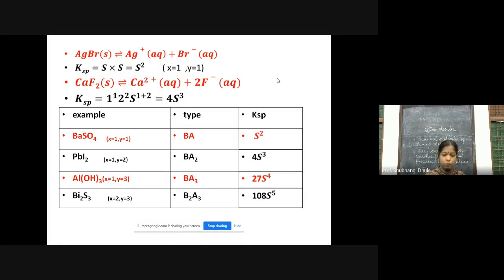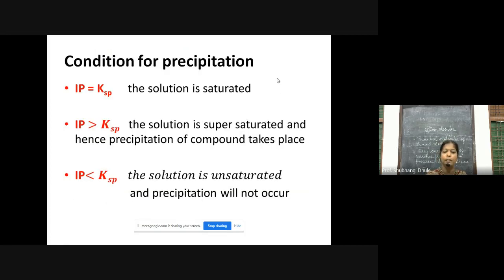Okay. Now we'll go to the next topic, the condition for precipitation. What is the difference between the ionic product and the solubility product? Because in the definition also we were given the statement that it's the product of the cations and anions, that is the ionic product.